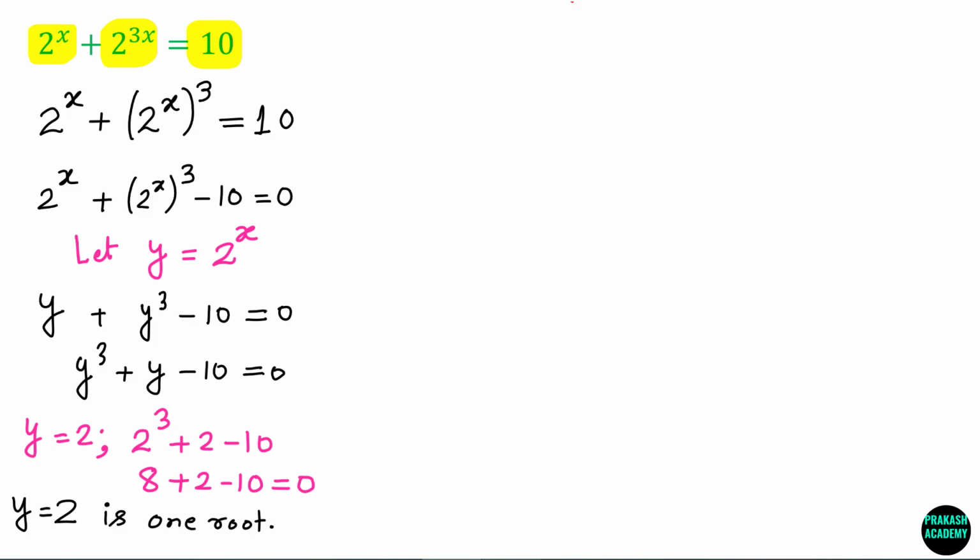Now I can either use the traditional method. In this case, y minus 2 will be a factor of this equation, so you can divide and find other factors. But in this case, I will use a different method. Since 2 is one root, what we will do is we will add 2 raised to the power 3 and subtract 2 raised to the power 3. That is 0.